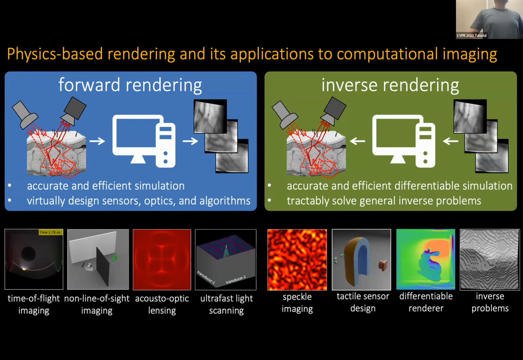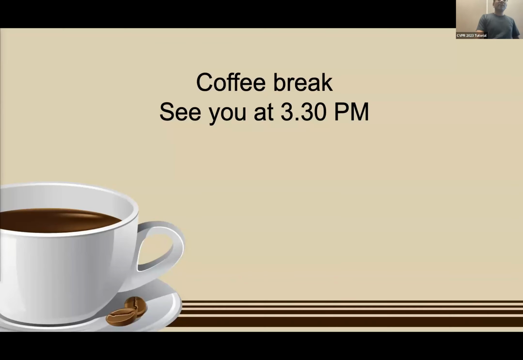We will also learn how to differentiate all these forward models and build differentiable rendering techniques where you can get the gradient with respect to any parameter and use it in inverse rendering techniques to solve inverse problems in computational imaging. But before that, let's take a 30-minute break and come back at 3:30. Yanis is going to lead the second session. Thank you all for your time and attention.